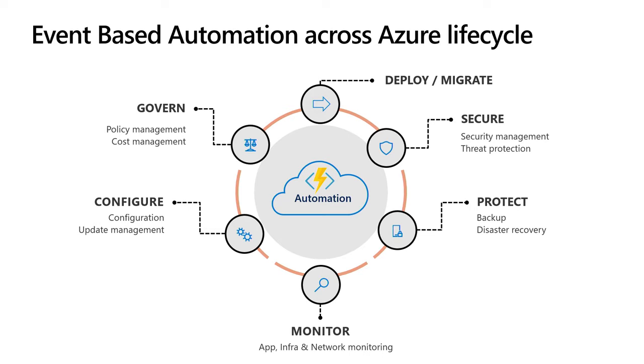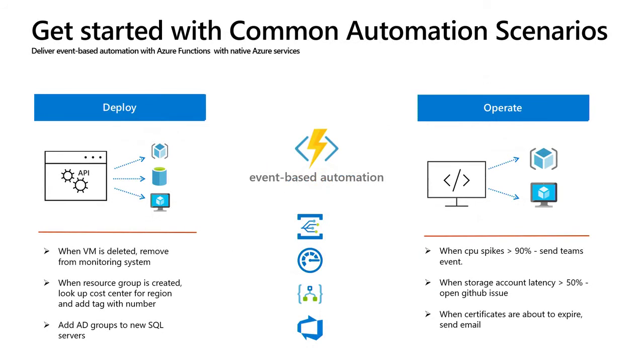So hopefully most of you are involved in some, if not all, of these type of scenarios, and you'll get something out of today's session about what you do today that you might be able to move into a serverless automation capability. What are some of the common scenarios that we end up doing using event-based automation?